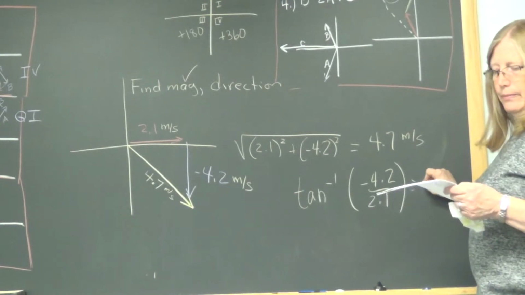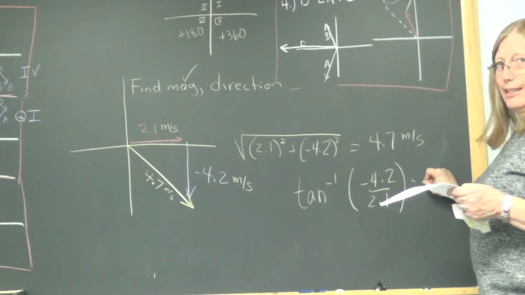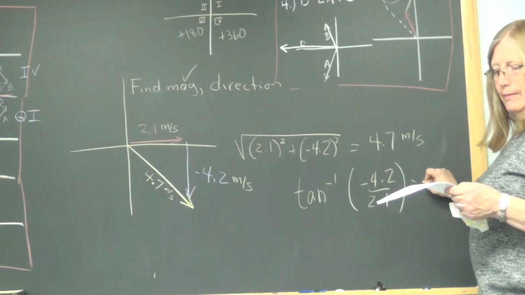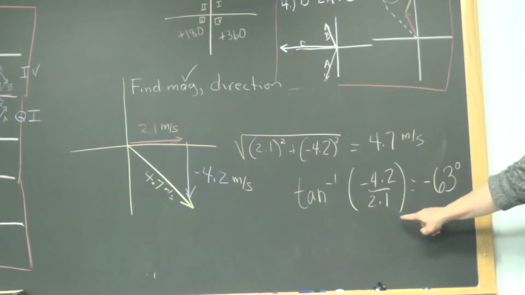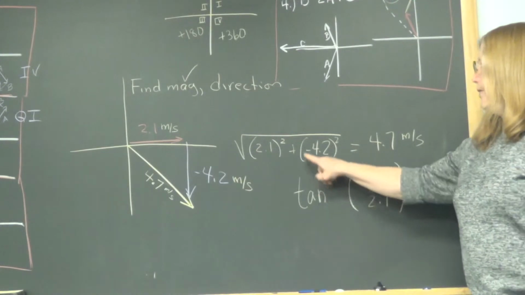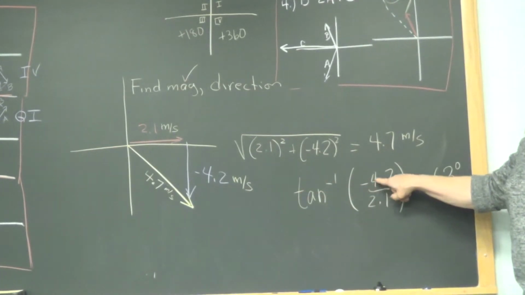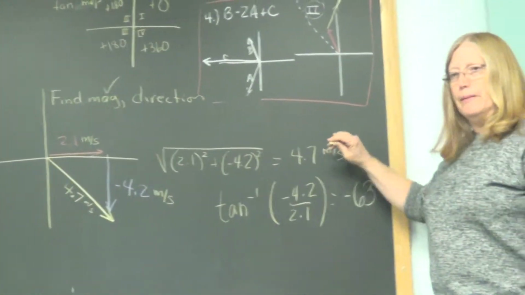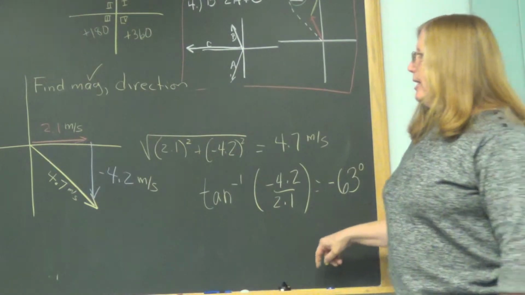What'd you get? Negative 63. Inverse tan is second function tangent button, parentheses, negative 4.2 divided by 2.1, parentheses, equals. It should give you negative 63 degrees.